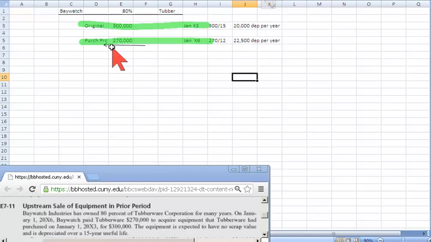Okay, so now let's make our actual and recorded columns. And adjustment column. Now we're going to have one for each debit and credit. That way we can kind of see it.